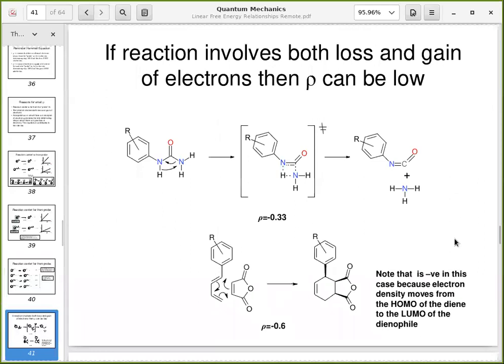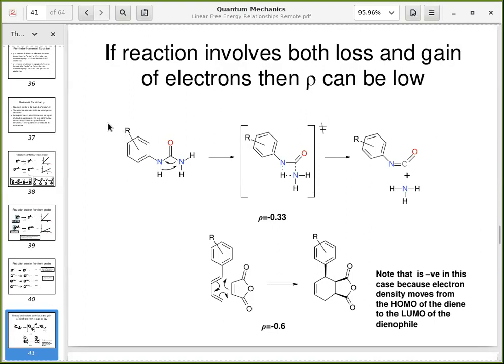The second reason is if the reaction involves both a loss and gain of electrons. And here are two systems. So have a look at this system. You'll see that in this case, there's electron movement both towards the aromatic system and away from the system. So ask yourself this: will electron donating groups aid this reaction?